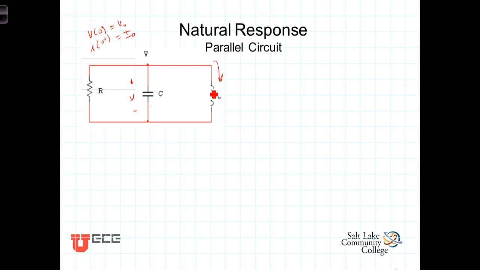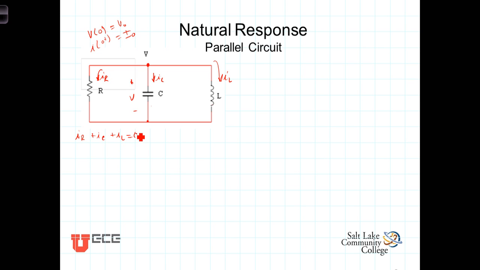To do this, we're going to start by writing a node equation summing the currents leaving the node. Let's define I sub R down that way, I sub C like that. We've already got I sub L. All three of the currents are defined leaving the node. So we have I sub R plus I sub C plus I sub L. The sum of those three currents has to equal 0.